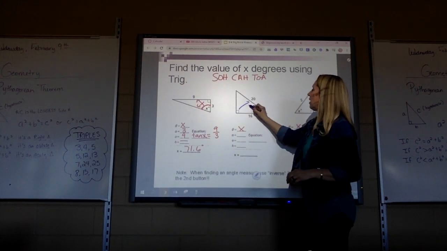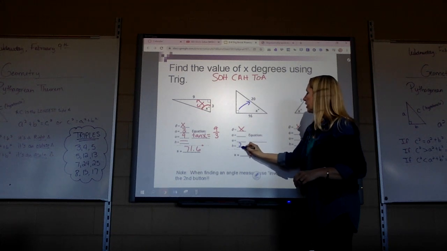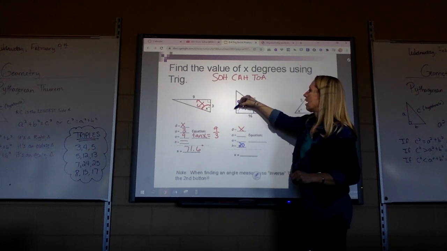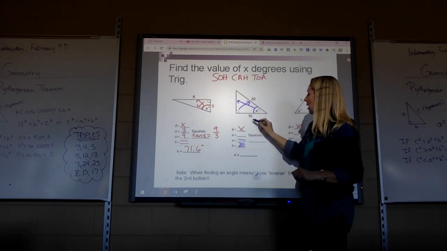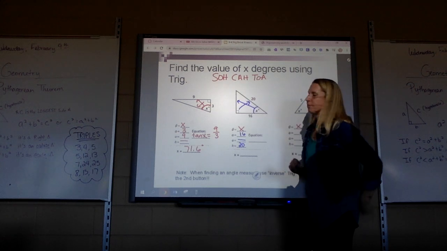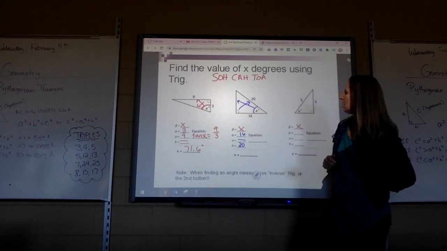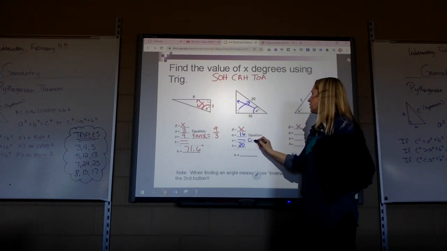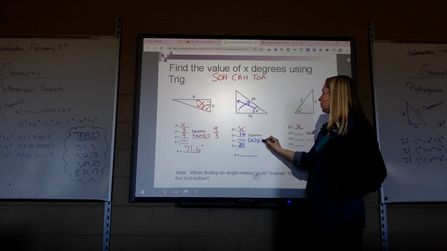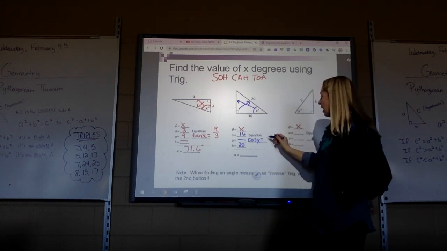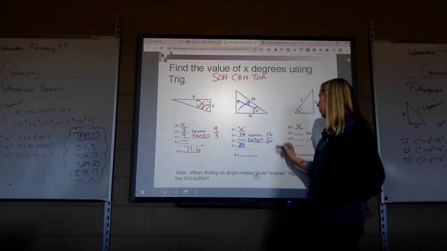This one I do have a hypotenuse. It's 20. This time, though, I do not have an opposite, but I have an adjacent 16. So which one is A and H? Well, that would be cosine. So cos x equals, make sure you put A on top of H, so 16 over 20.